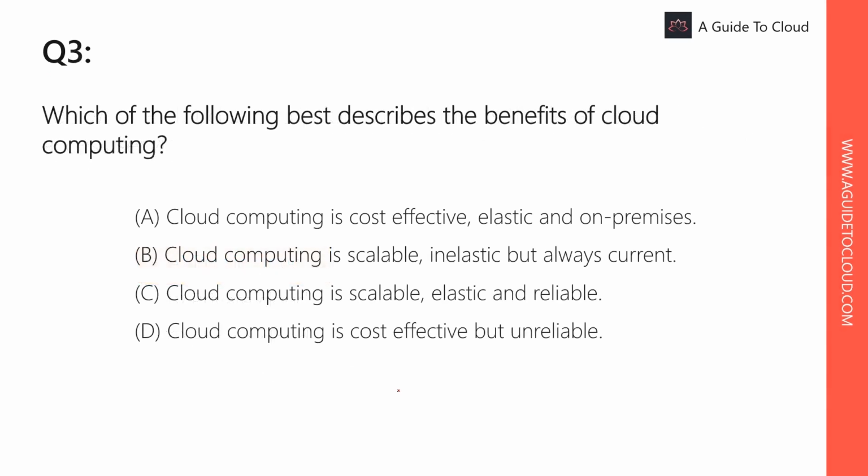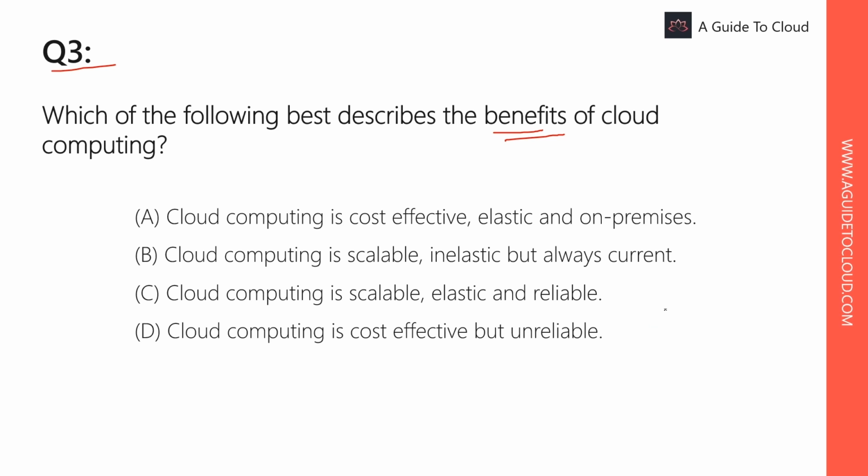All right. So let's look at question number 3. Which of the following best describes the benefits of cloud computing? So we are going to look at the benefit of cloud computing. That's the key word here. So for that, we have to read out each statement and eliminate based on which one doesn't sound right or which one doesn't fit well with the benefit of cloud.